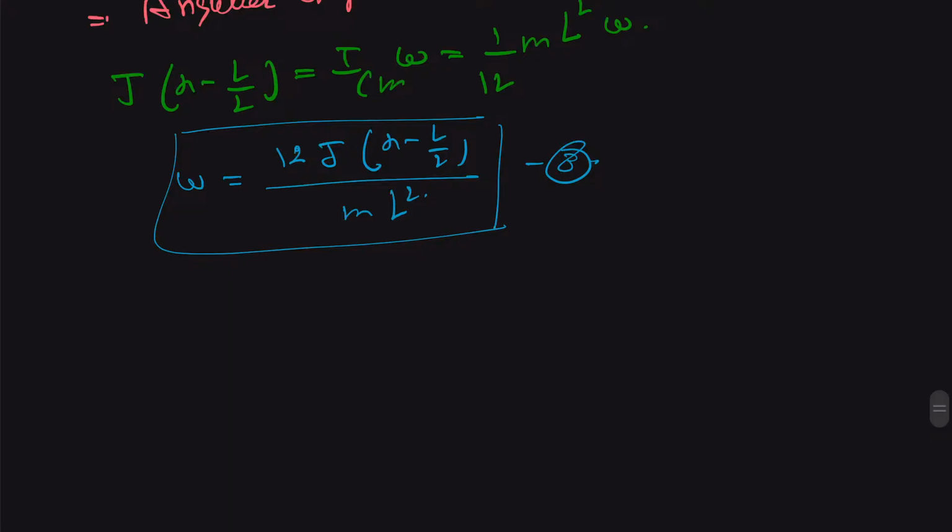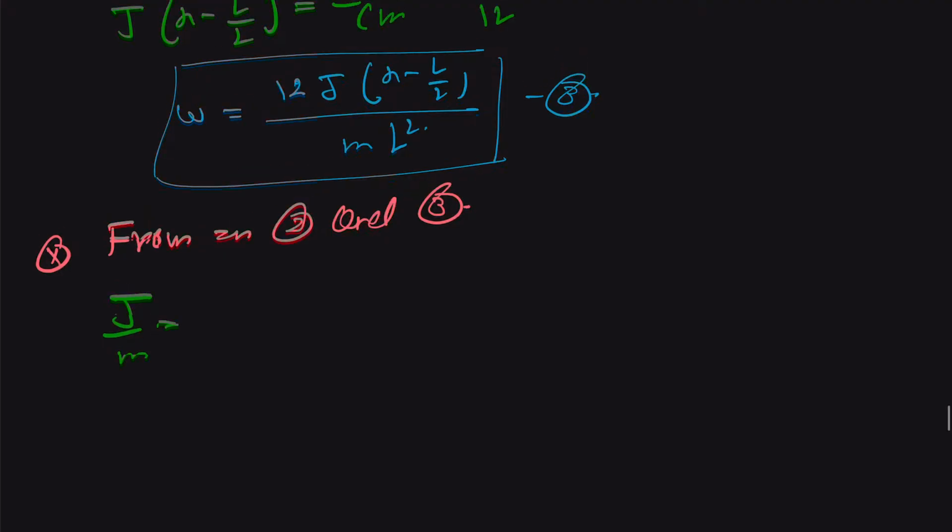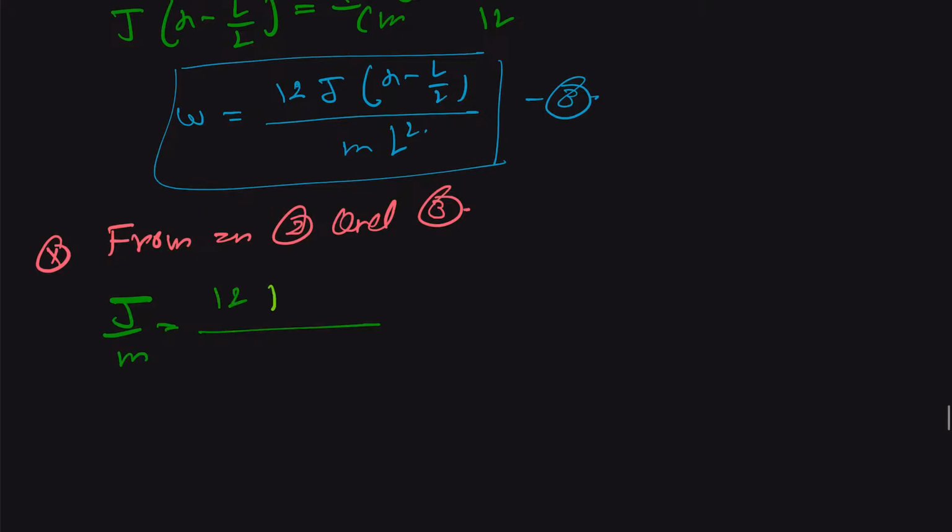Therefore, from equation 2 and 3, we can write that J upon M is equal to omega, which is 12J times x minus L by 2 divided by m L square, and this is multiplied by L by 2.